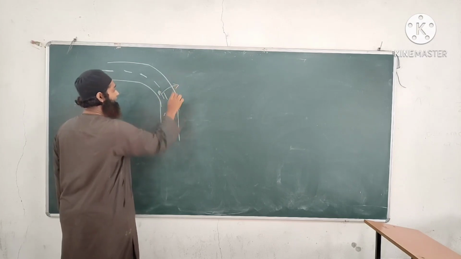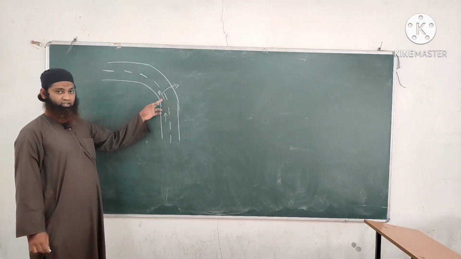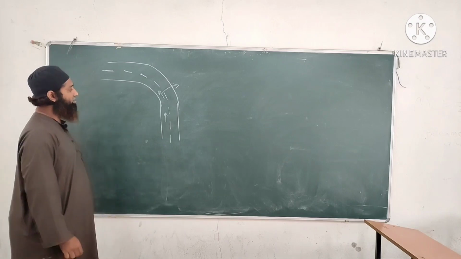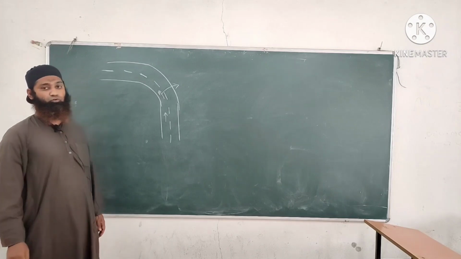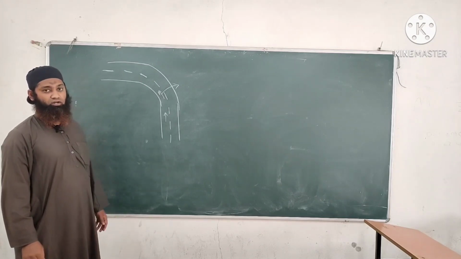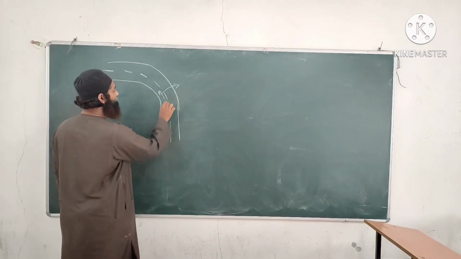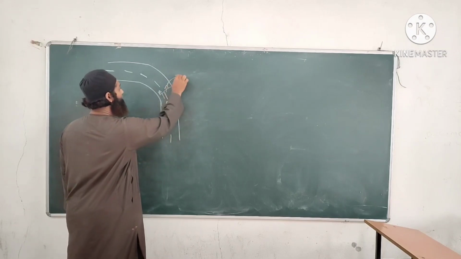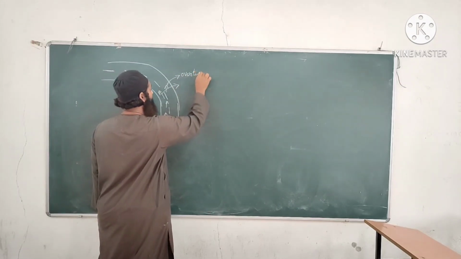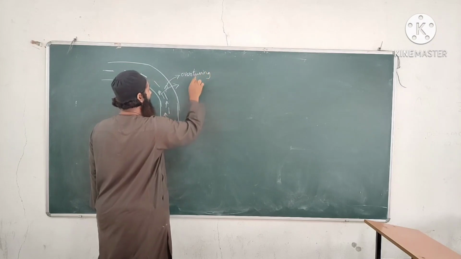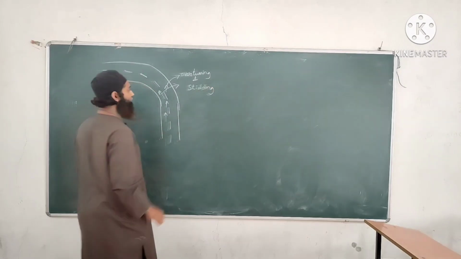But at the horizontal curve, centrifugal force is generated here. Now, if we don't come up with some measures where the centrifugal force is reduced, this vehicle tends to move to this side, and there are chances of overturning and skidding also.